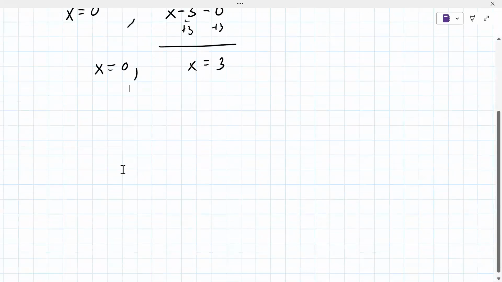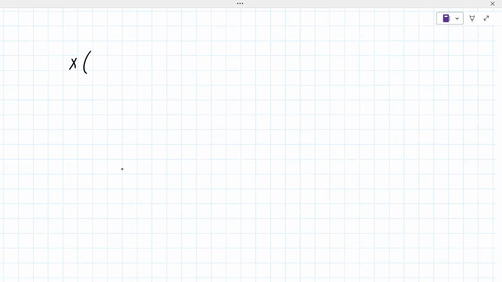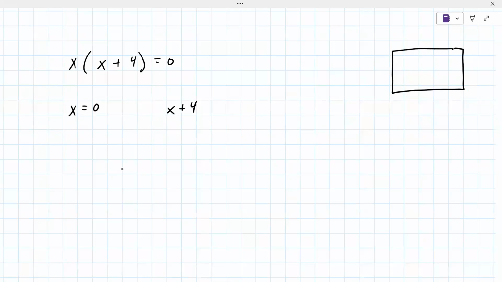Yeah. Let's look at another problem here. Let's say it's x times x plus 4 equals 0. I want you to give me the two solutions for x. You're going to set each of these equal to 0, and you're going to solve for x.